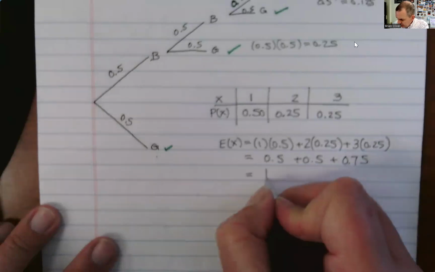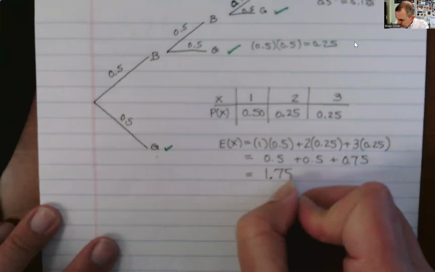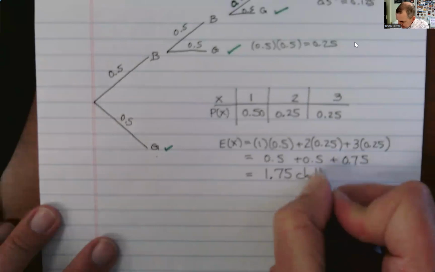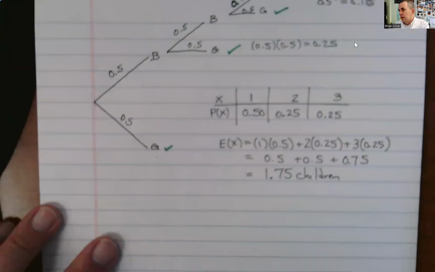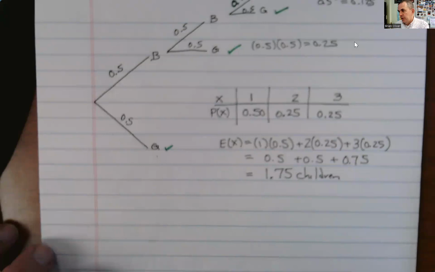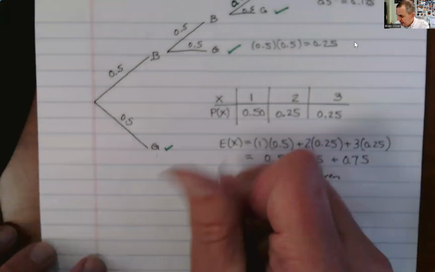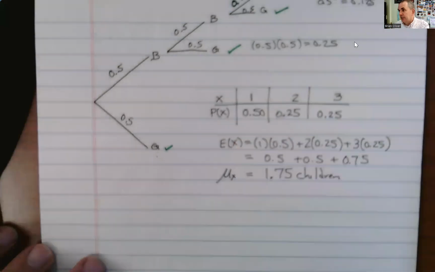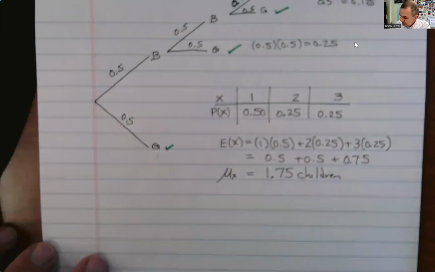So we'd expect this family to have 1 and 3/4 children on average. So these families would be about 1 3/4. Again, I know it doesn't make sense in the context of you can't have 3/4 of a child, but in the context of this problem, we would say 1 3/4 children.